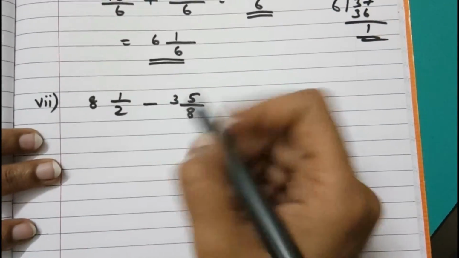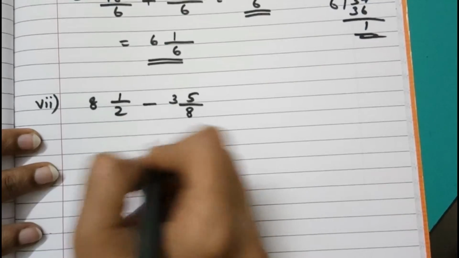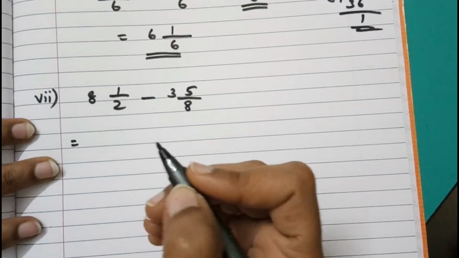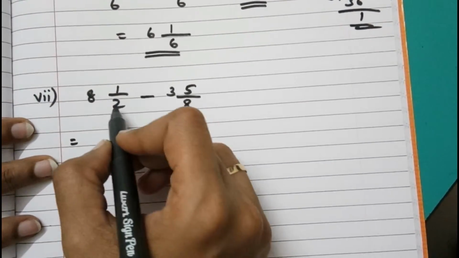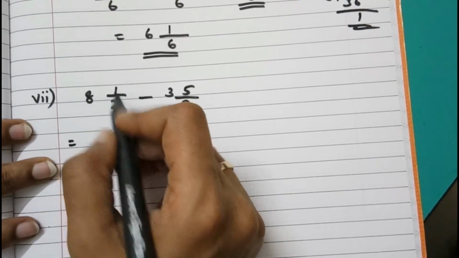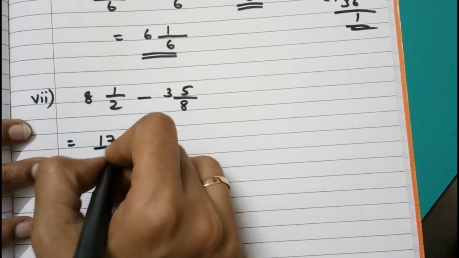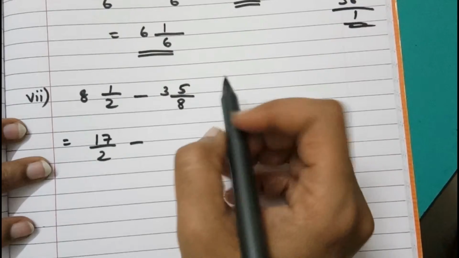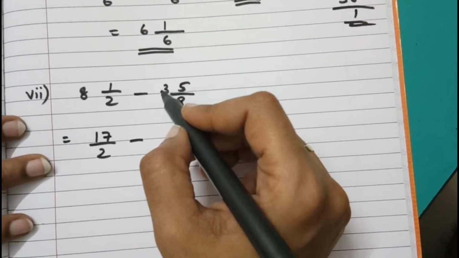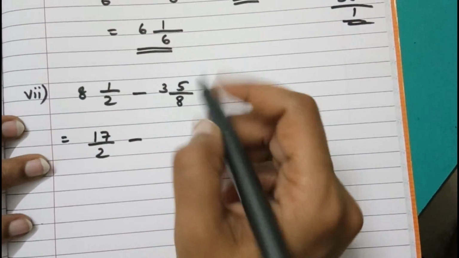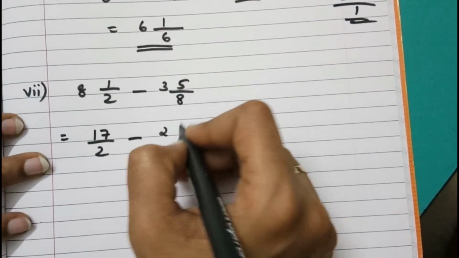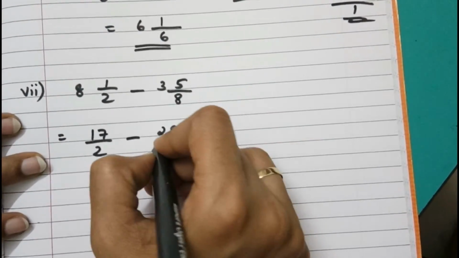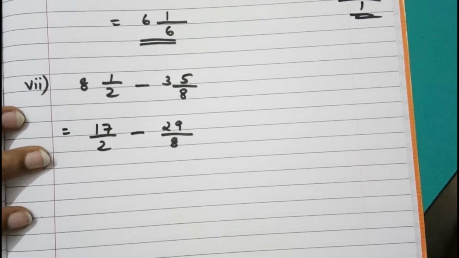Okay. Now since it is a mixed fraction, we need to first convert it into improper fraction. 8 2s are 16. 16 plus 1 is 17 by 2 minus, 8 3s are 24, 24 plus 5 is 29 by 8. Clear?